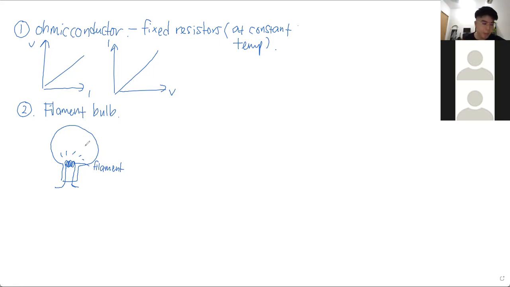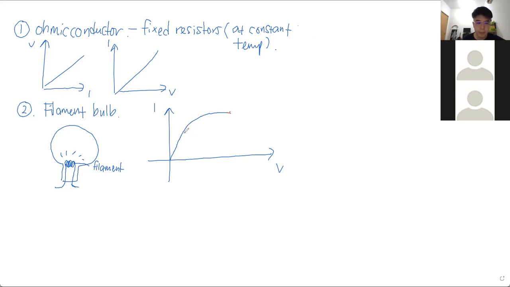For filament bulb, its IV graph is different. You will not get a straight line, because the filament bulb does not obey Ohm's law. So the graph looks like this. Let me draw it here. Let's say we are doing an IV graph. The graph will be curving like this. Why does it curve like this? If I calculate the gradient, is it increasing or decreasing?